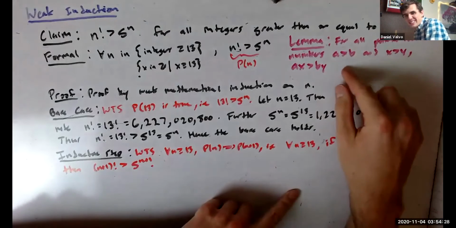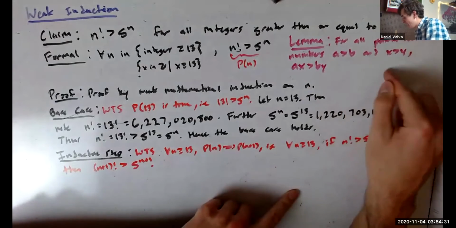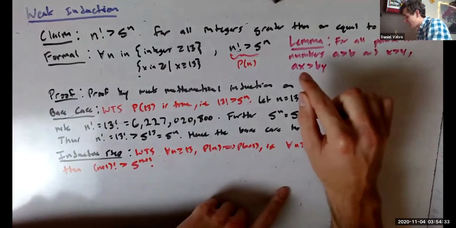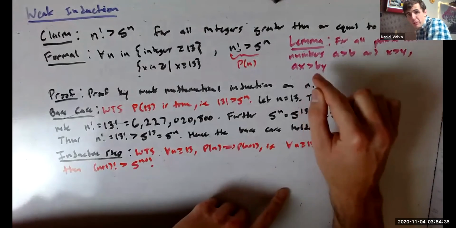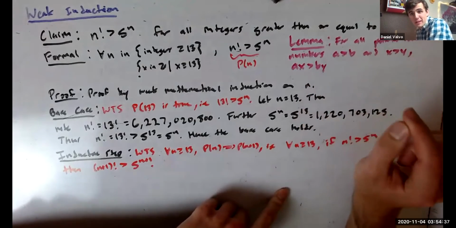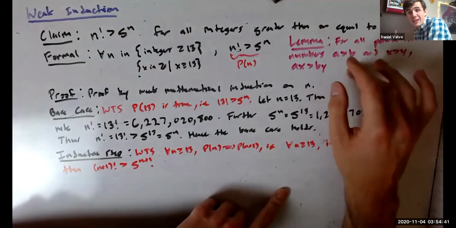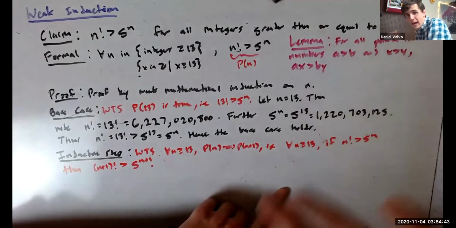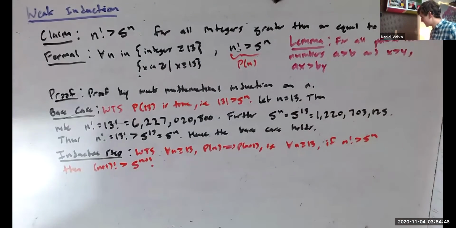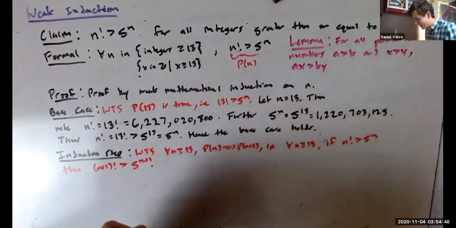Which I think makes a lot of sense, right? If A is bigger than B and X is bigger than Y, then certainly A times X, the product of the two bigger things, is bigger than B times Y, the product of the two smaller things. But we haven't proven it yet. So theoretically, if I didn't tell you this, you would need to prove it. But I'm telling you this is a fact, so you don't need to prove it. Maybe I'll prove it later if we have time. Probably not.